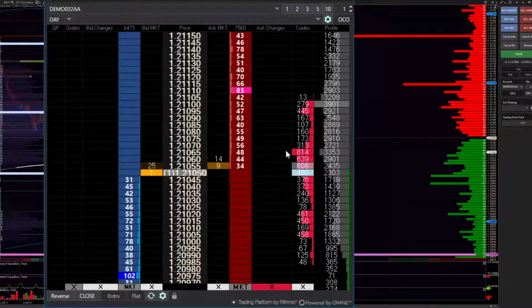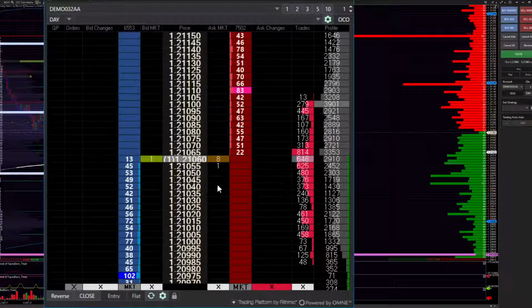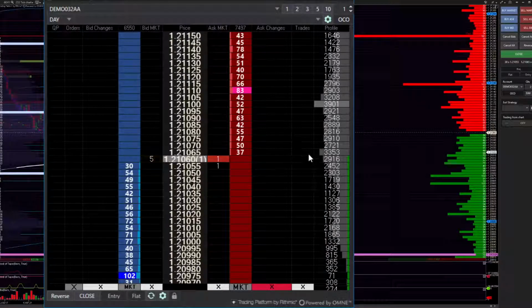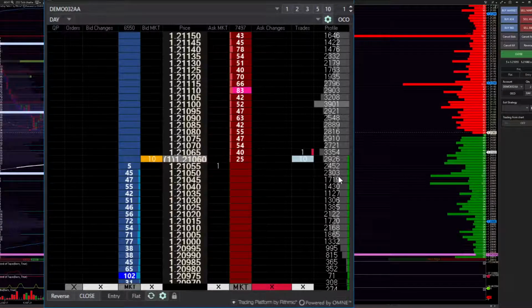But here on the depth we can see more. We can see the price, of course, in the middle, and on each side of the price we can see the market orders being executed in real time. We also have the volume for the session right on the right side.